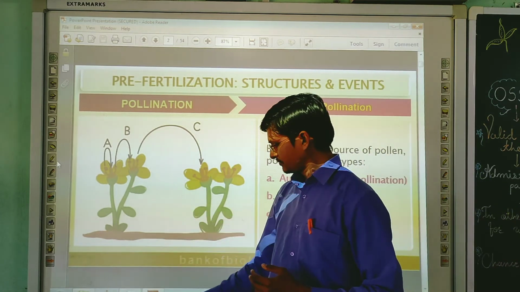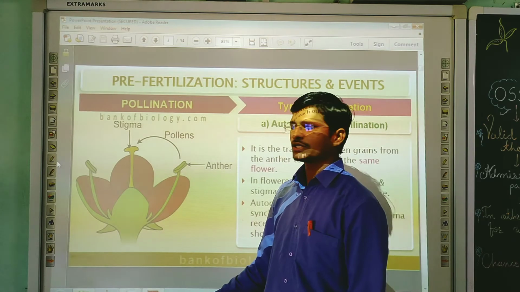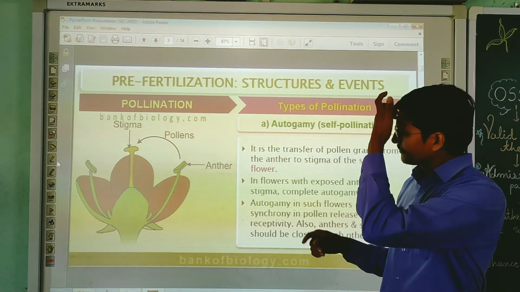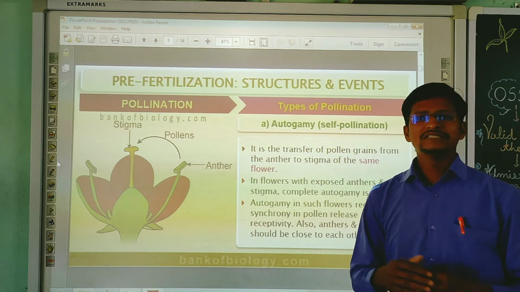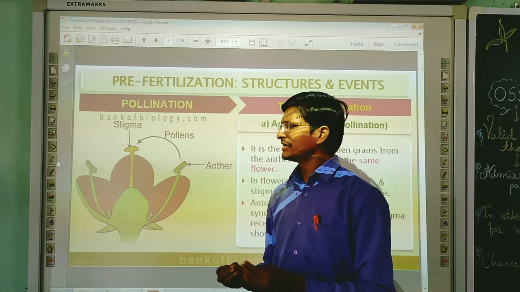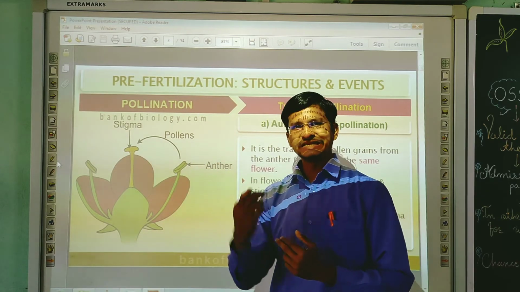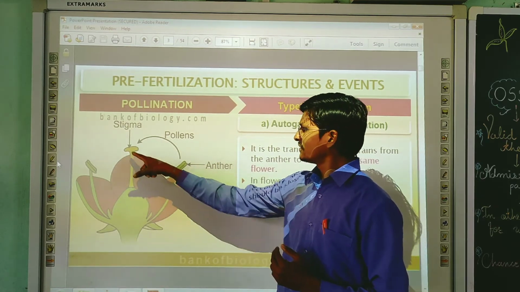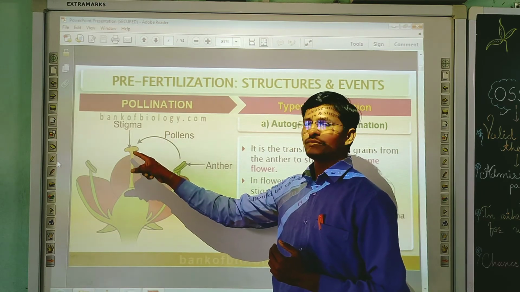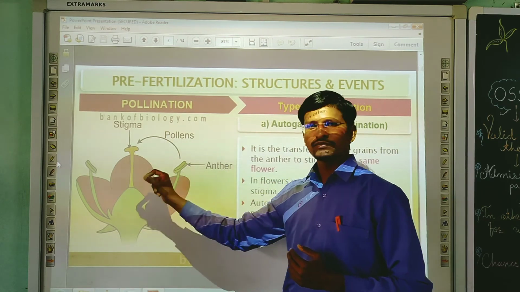We will discuss each type of pollination one by one. First we will take autogamy. The word itself indicates it: auto means itself. The process is carried out from the anther, and the pollen grain is transferred to the stigma of the same flower.